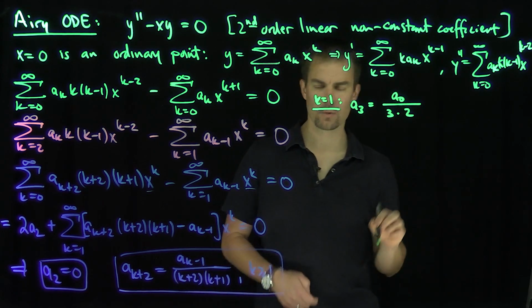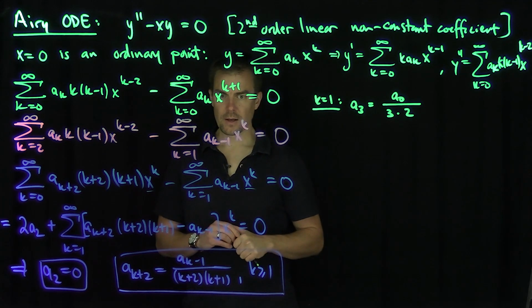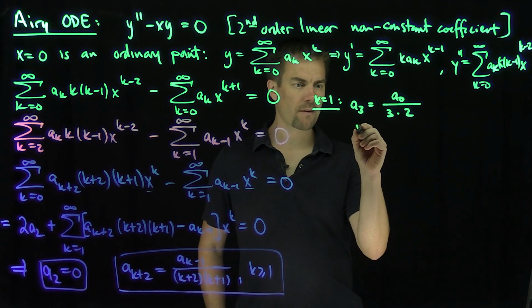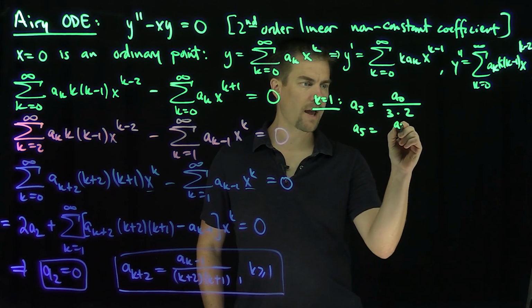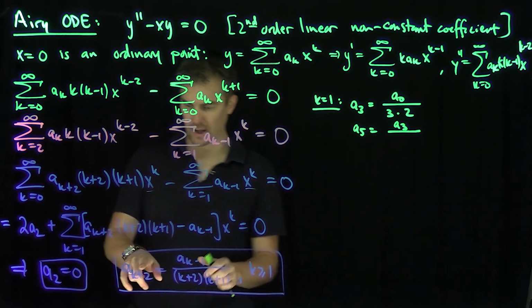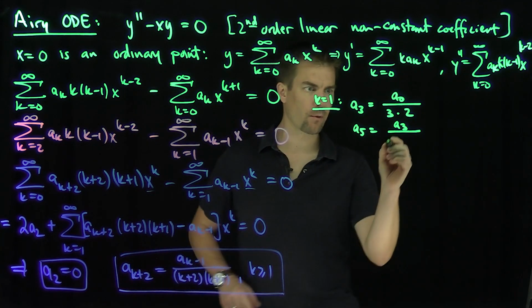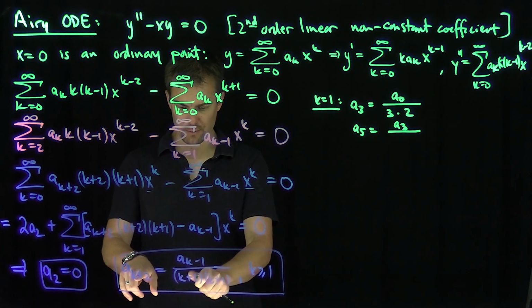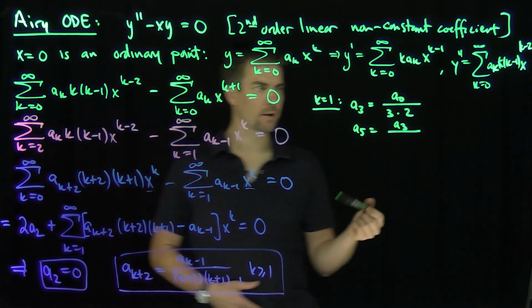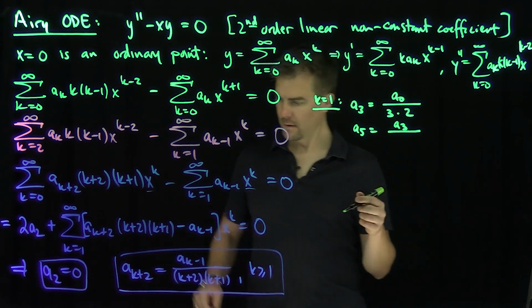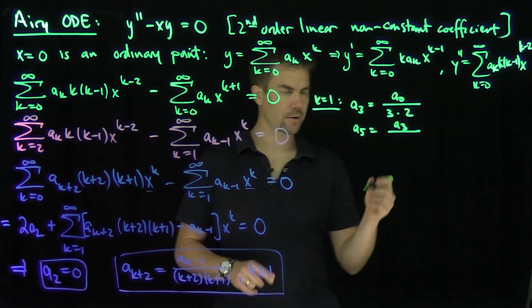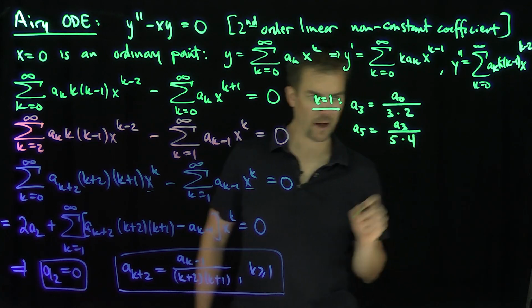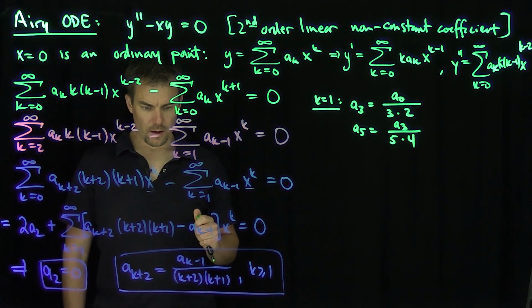And then when k is equal to 2, we'll have a_5 is equal to a_3 over, plugging in, 5 times 4. Great.